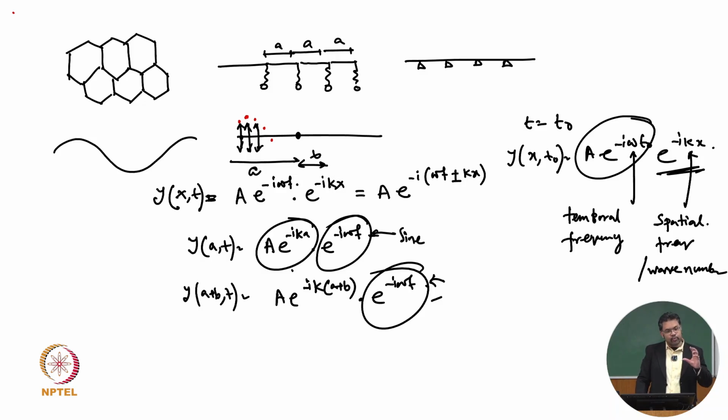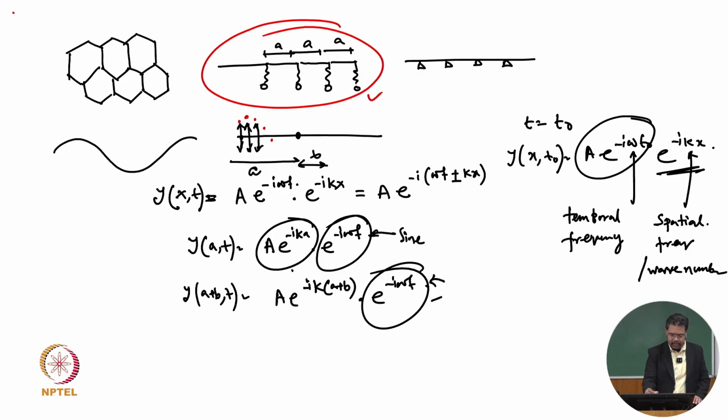After a certain distance, let's say you have a periodicity of distance a. Suppose I try to calculate the response of this particular point, meaning if I put an accelerometer at that location, what will my response be?